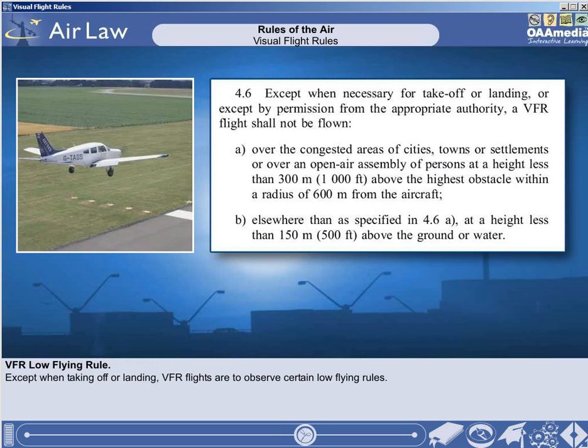We'll now take a look at the VFR Low Flying Rule. Except where necessary for takeoff or landing, or except by permission from the appropriate Air Traffic Services Authority, an aircraft is not to operate in accordance with the visual flight rules at a height of less than 1,000 feet, that's 300 meters, above the highest obstacle within a radius of 600 meters from the aircraft.